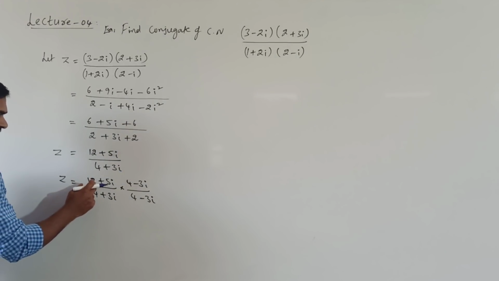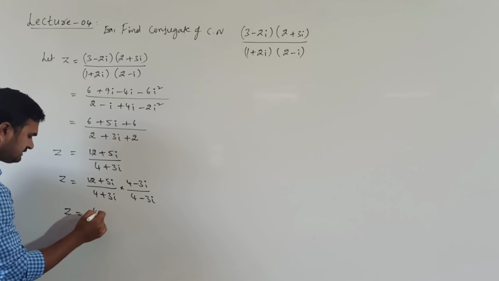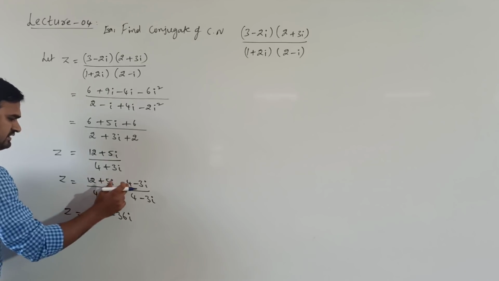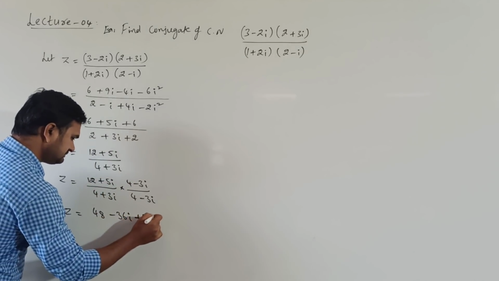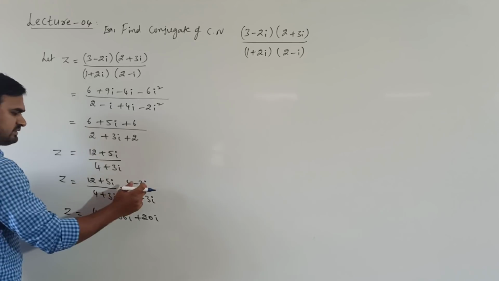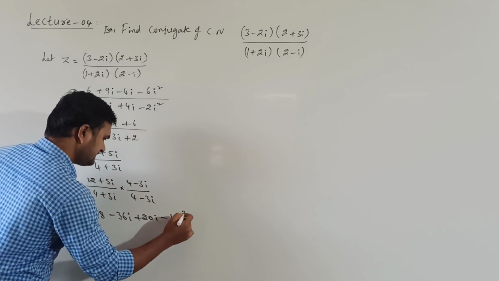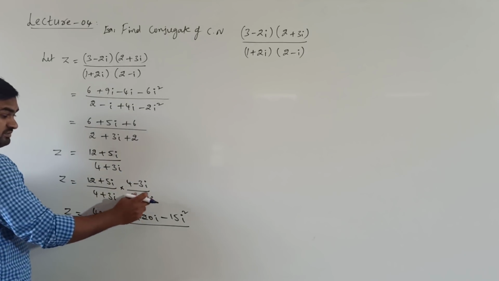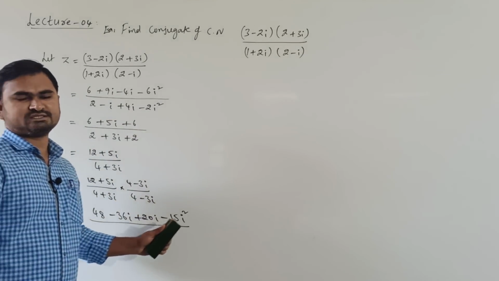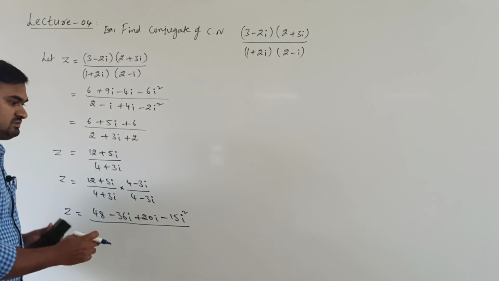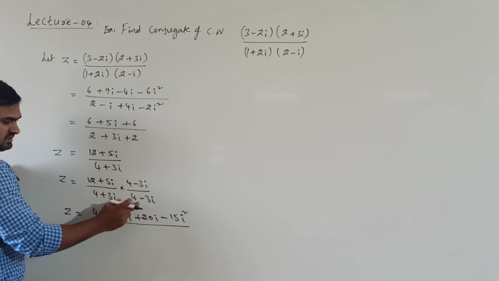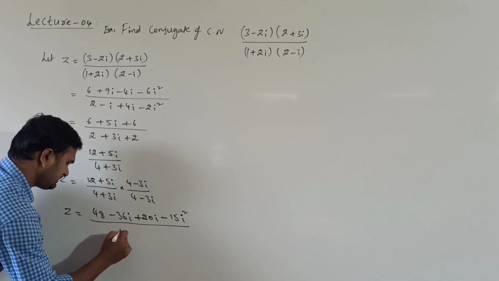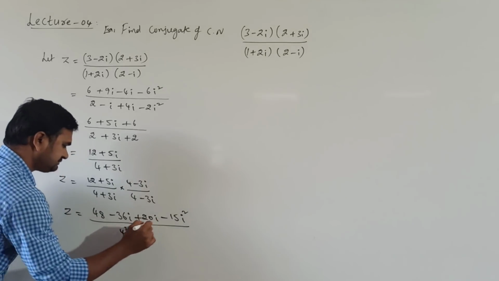So z is, multiplying, 12 into 4 is 48, 12 into minus 3i is minus 36i, 5i into 4 is plus 20i, 5i into minus 3i is minus 15i square, divided by (4 plus 3i) into (4 minus 3i). It is in the form of (a plus ib) into (a minus ib), so we apply the formula.